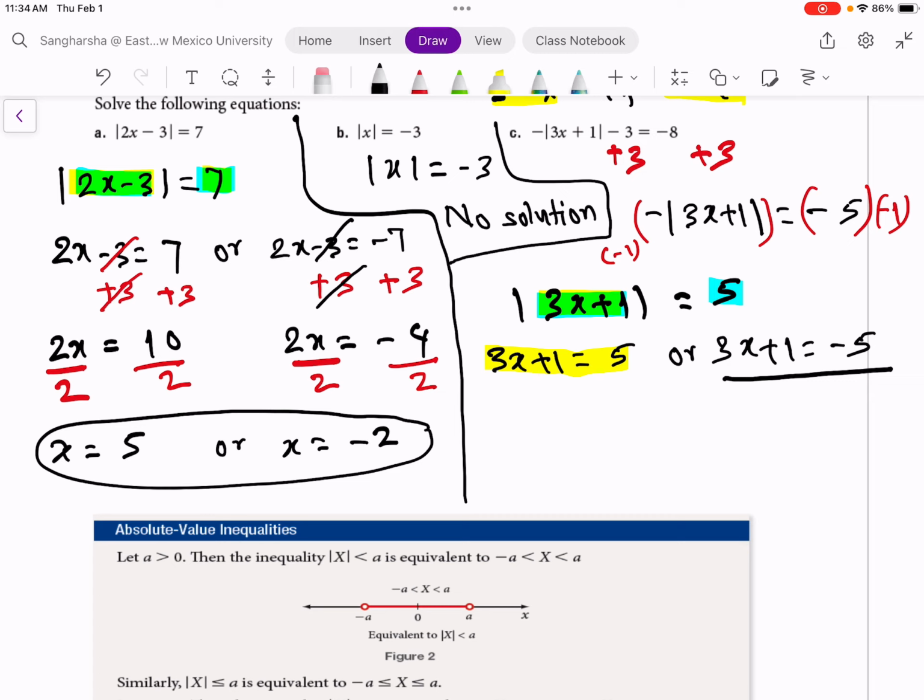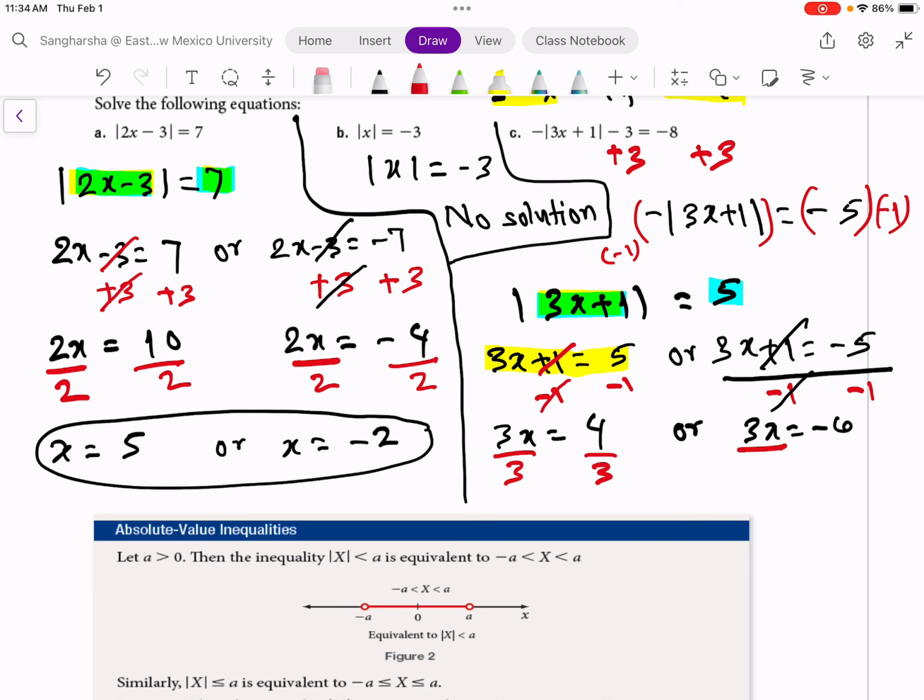Let's solve these equations. For the first one, we subtract 1 on both sides, and we do the same thing for the second equation. So negative 1 and positive 1 cancel, we have 3x equals 4, or 3x equals negative 6. We need to get rid of 3, so we divide by 3 on both sides.